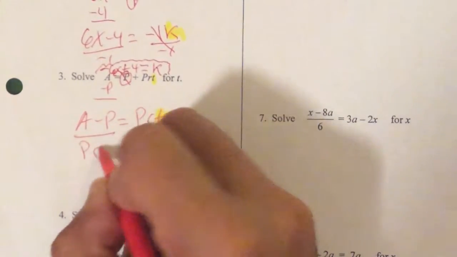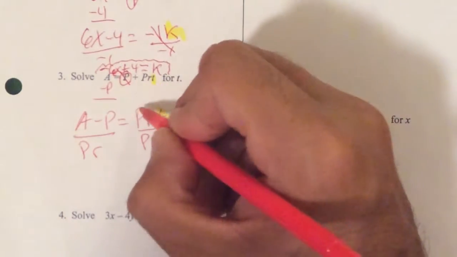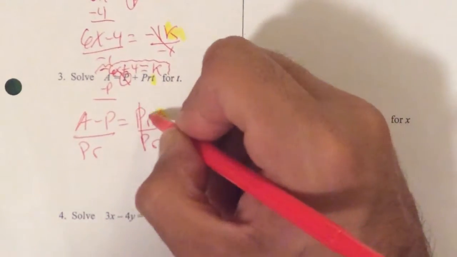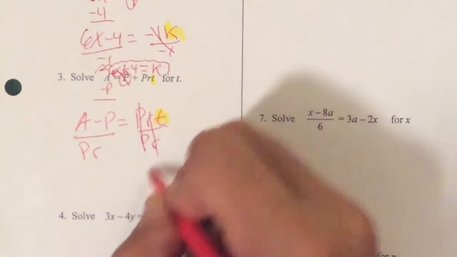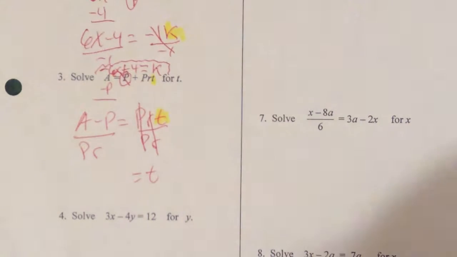So I'm just going to divide by pr, instead of dividing by p and then by r as 2 separate things, just focus on doing it in one easy step. So with that being said, the p's on this side go away, the r's go away, and I'm left with t equals a minus p divided by pr.